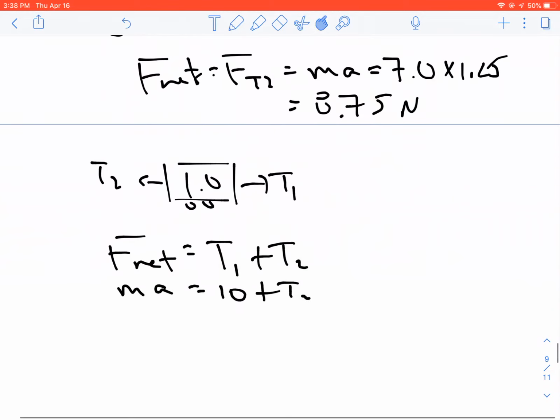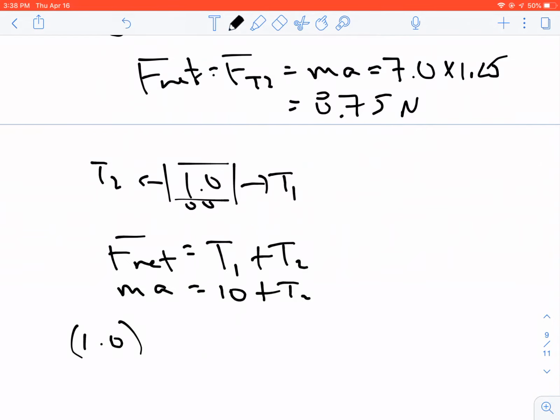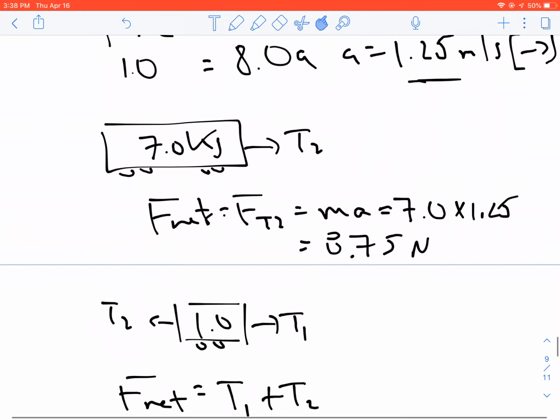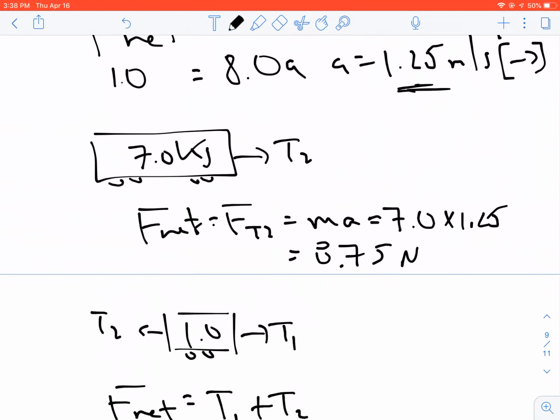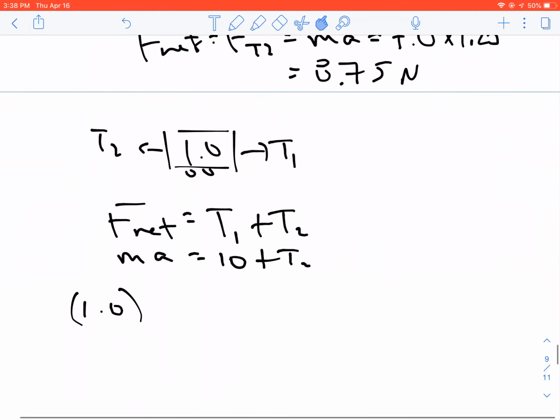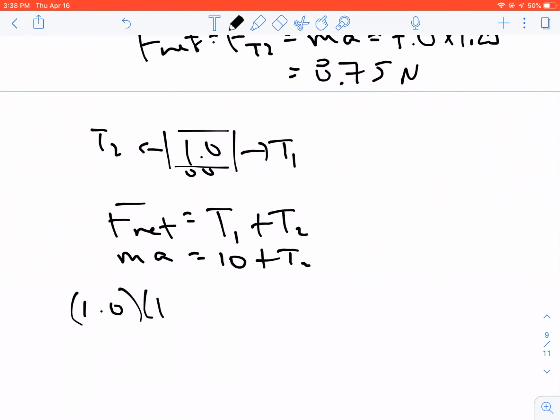Now, if I keep on going here, I know that the mass is 1 kilogram, and we know that the acceleration is 1.25 meters per second squared. Ten goes across to the other side, and I end up with T2 equals negative 8.75 newtons.